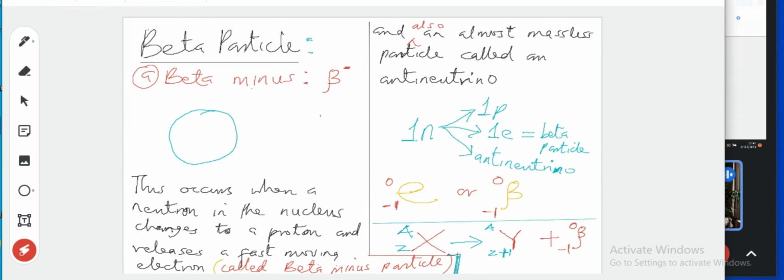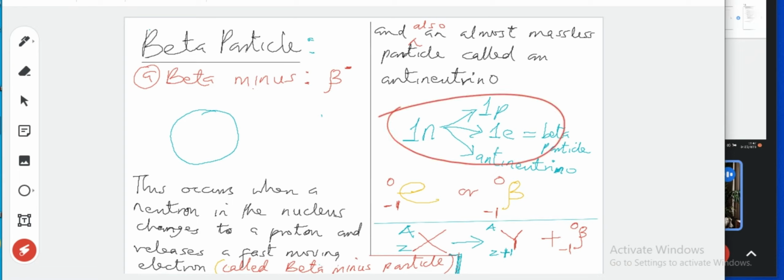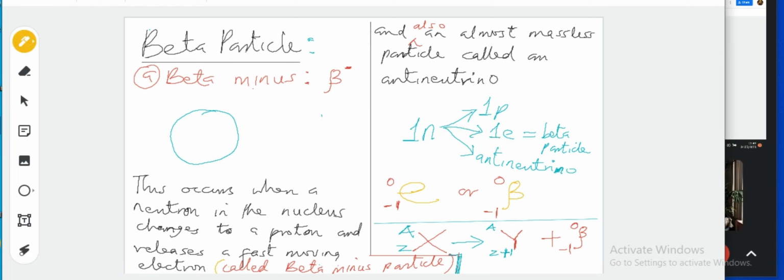Then a beta minus, that's on page 10. A beta minus is when a neutron changes to a proton with an electron released. This electron is a beta minus particle. And then an antineutrino.